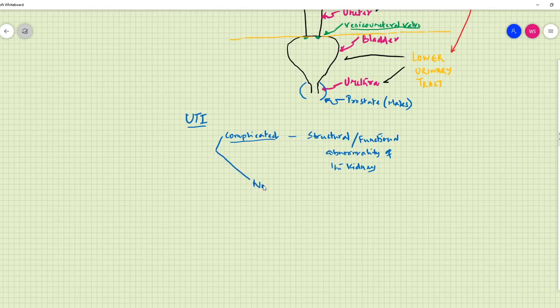So non-complicated is when there is no structural or functional abnormality of the kidney. So UTI will be mostly complicated or non-complicated.